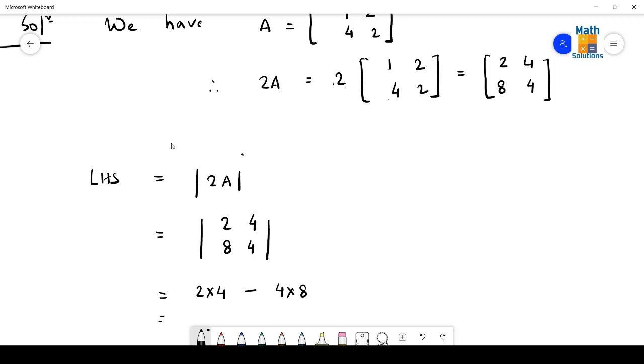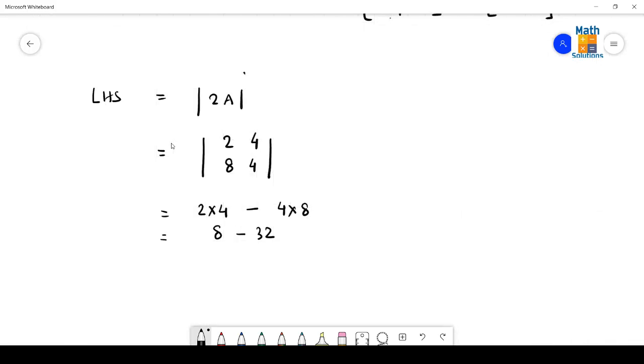So we get the result as 8 minus 32. And the answer will come in what way? The answer will be 32 minus 8, it is 24, and of course the operation will be subtraction and the sign will remain negative, so minus 24.